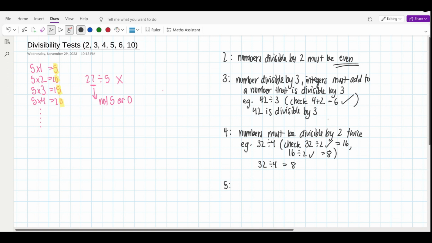For 5, our numbers must end in a 5 or 0, which is our ones place value. So for example, 25 ends in 5, therefore it is divisible by 5, whereas 27 ends in a 7, so it won't be divisible by 5.